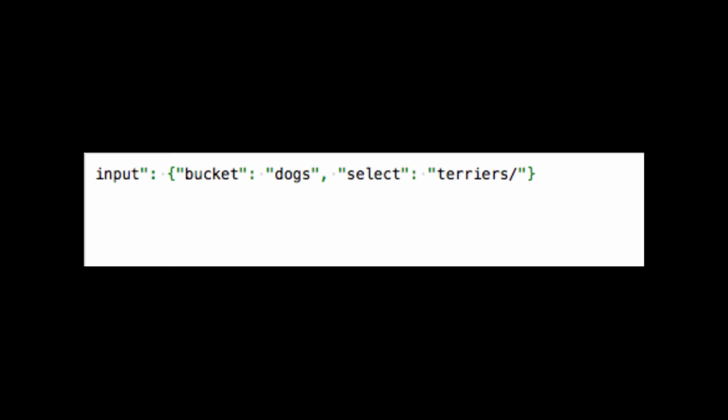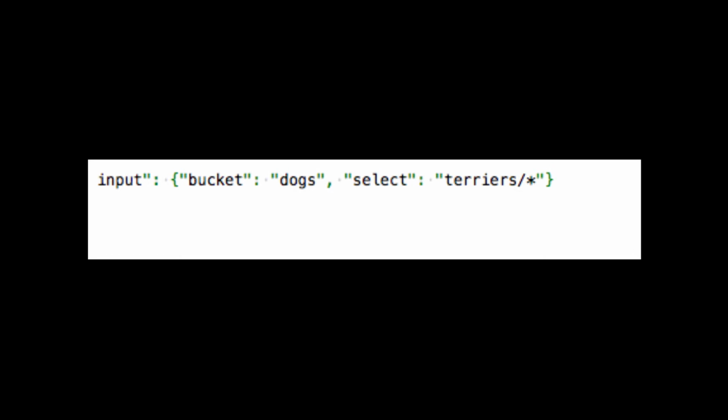In this first variant, we'd select all dogs with a key of terriers and process them individually. If we add an asterisk to the select, we will again trigger the node on each terrier that is added, but we will be passed an array of all terriers on each invocation of the node.